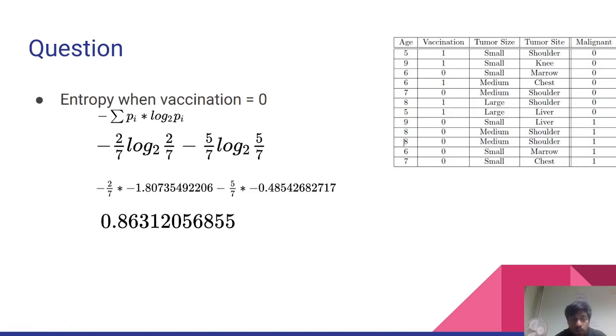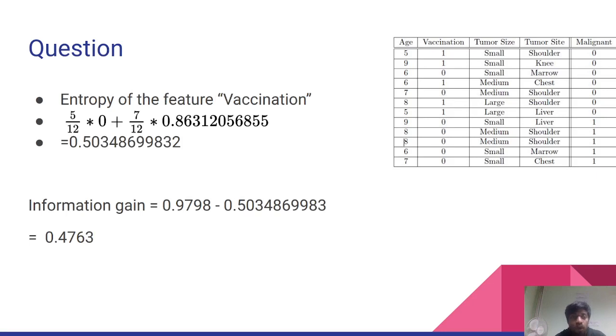So this is without weighting with the number of labels, so ultimately we have to weight it. 5 is the number of zeros here, 5 is the number of ones here, and 7 is the number of zeros. So you have to take the weighted average of that.